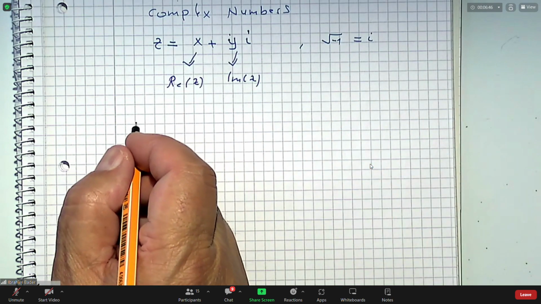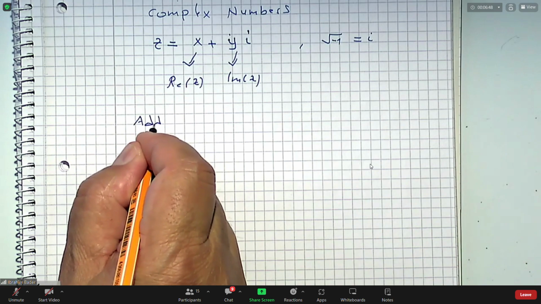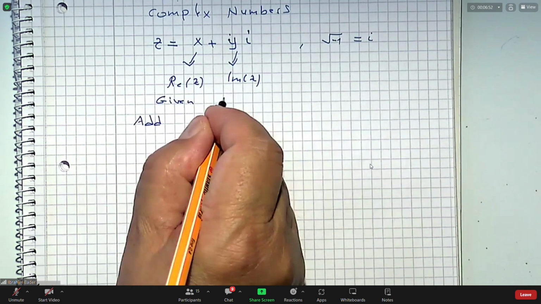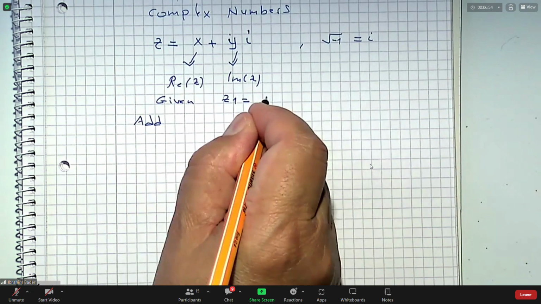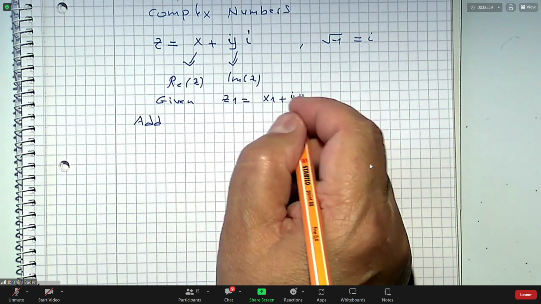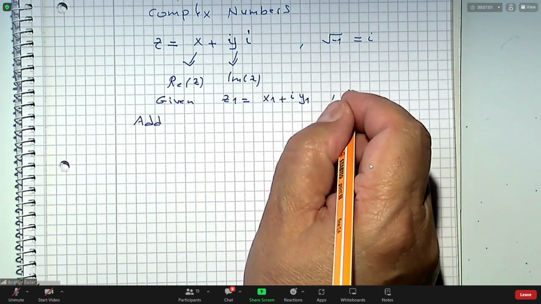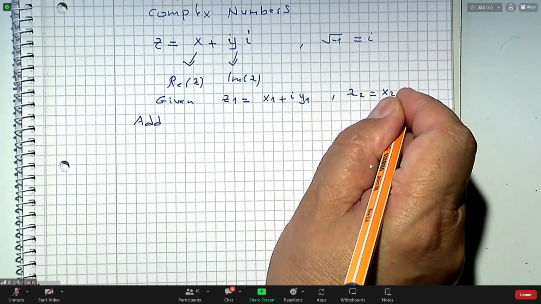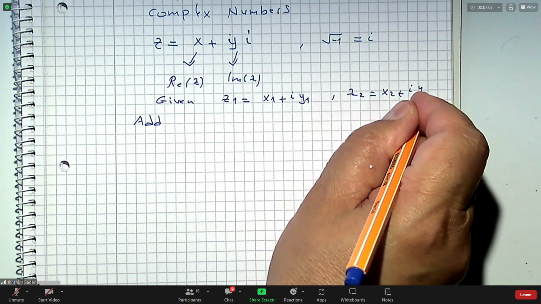We defined operations of complex numbers. So given two complex numbers, let's say z1 equals x1 plus i y1, and here x2 plus i y2.